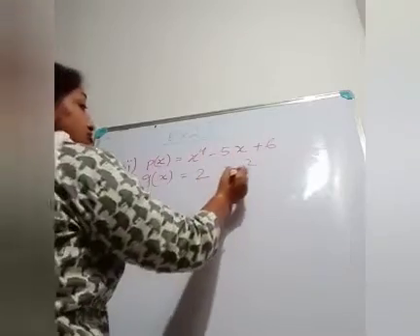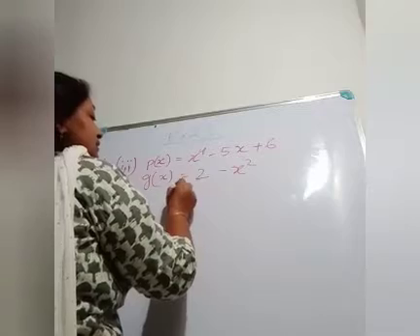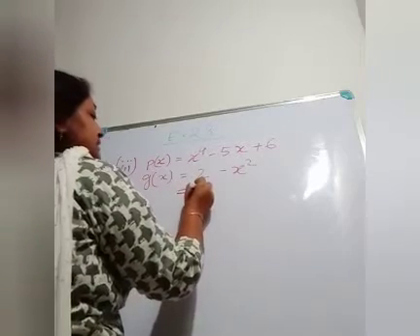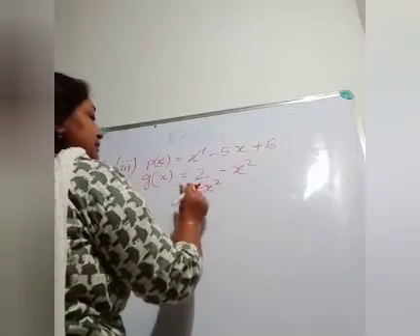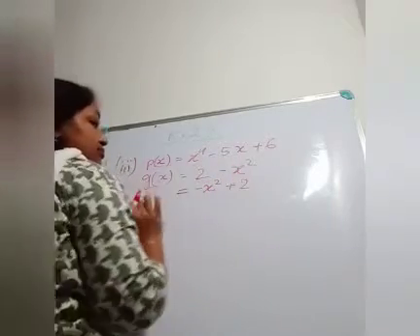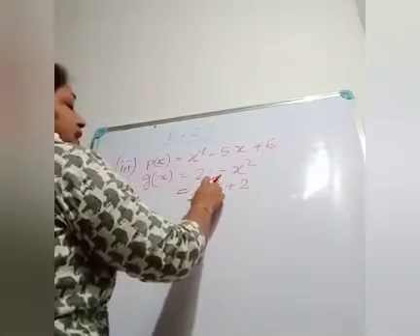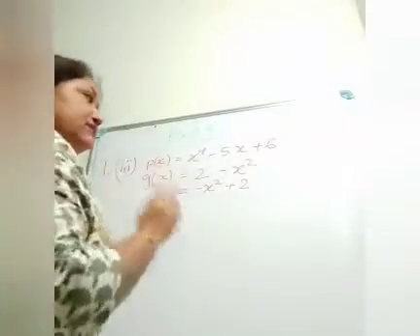So you have to arrange them in decreasing order. Then g(x) will be minus x square first and then plus 2. Plus 2 is of degree 0 and I have written degree 2 at the first.